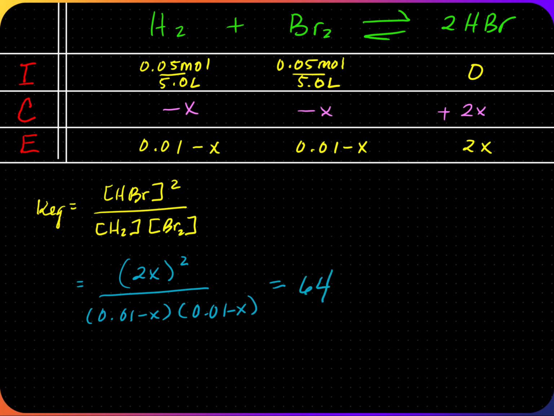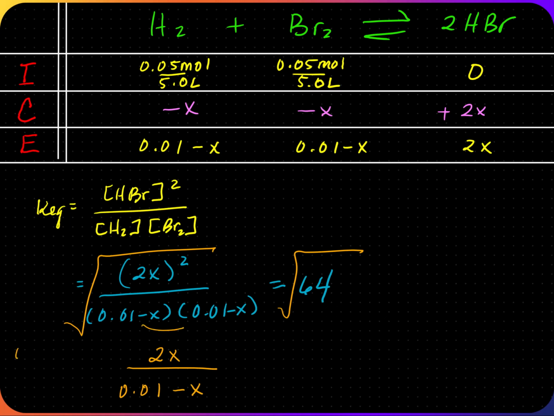At this point you can simplify the math by multiplying this out and then moving it to the opposite side and distributing, or you can make the math a little bit simpler by taking the square root. Since the top is squared and the bottom is squared, I could take the square root of both. This simplifies to 2x on top divided by 0.01 minus x on the bottom, because if I rewrite that, that is the same thing as 0.01 minus x squared. This is going to equal 8.